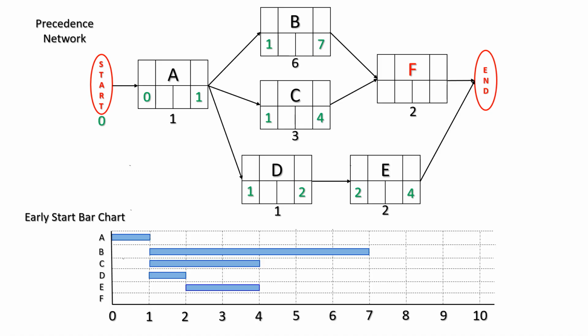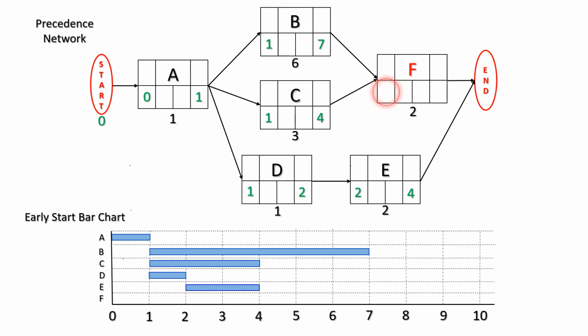And now moving up to activity F, we realize we have to find the early start for the activity. And the early start for F will be dependent on the completion of the predecessors.